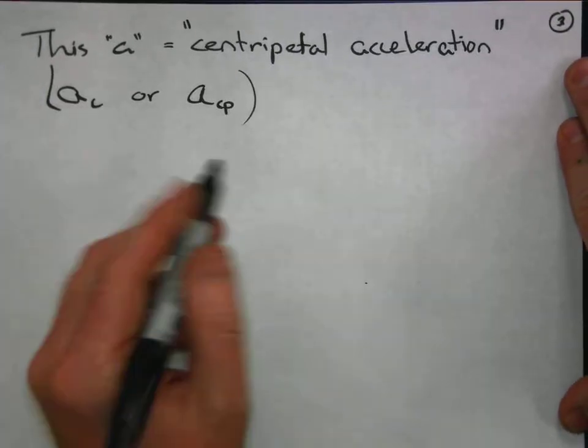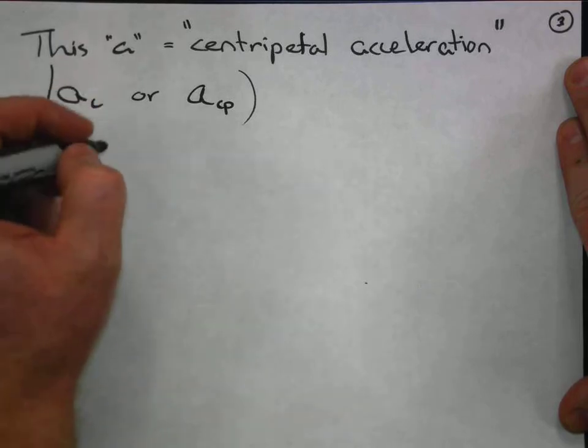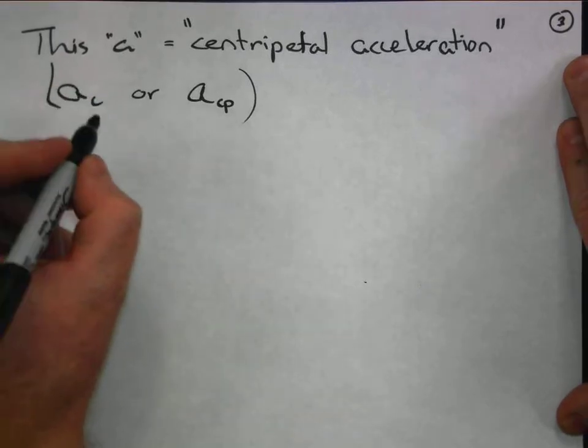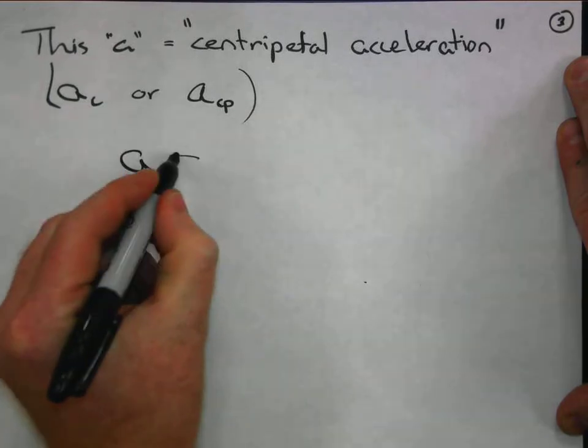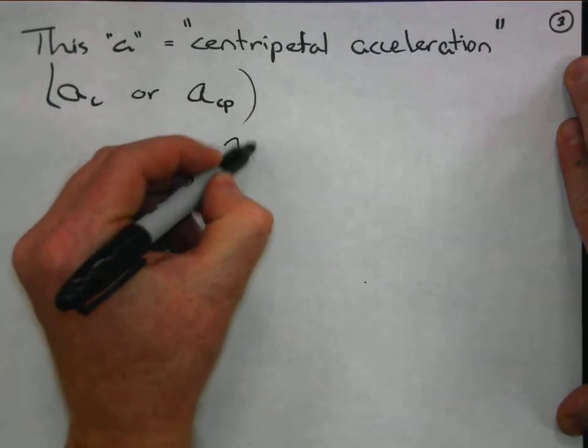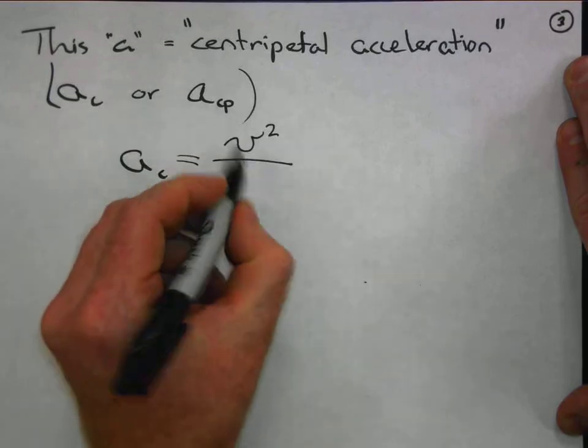So, your textbook goes into a little bit of math leading up to this equation. So, centripetal acceleration equals... I'm not going to get into the math that's behind this. I'm just going to go with it.